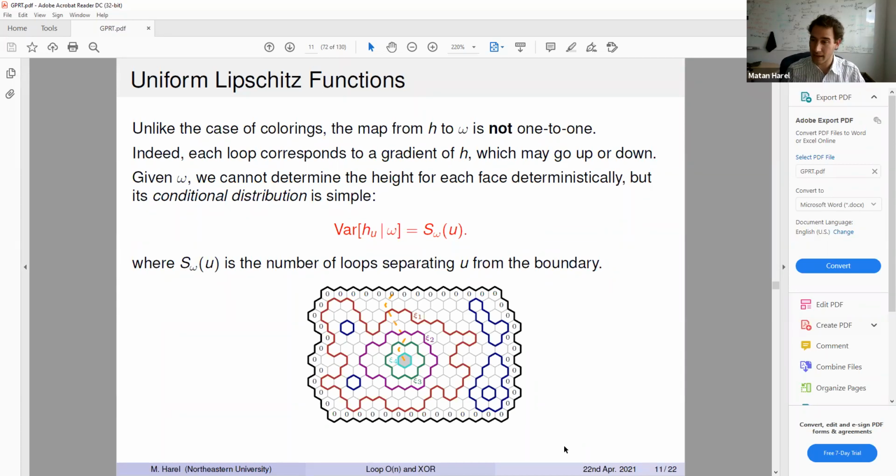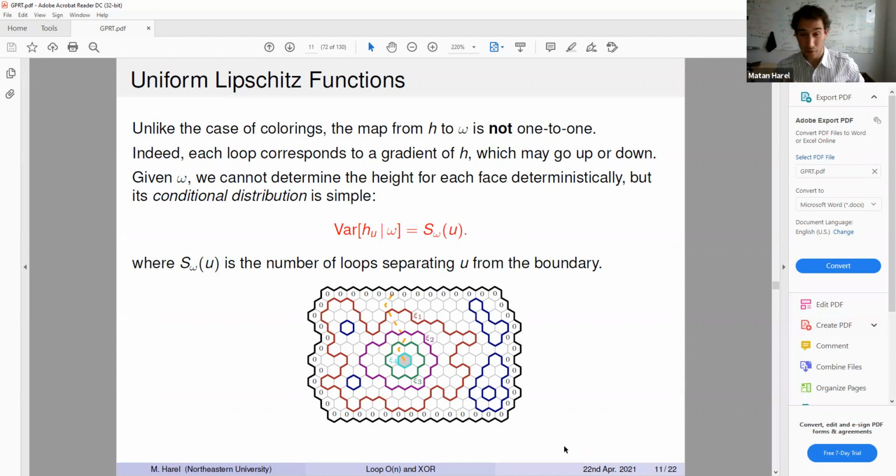So the way I like to think about it is that if I give you a height function sampled according to just any measure on uniformly Lipschitz functions, and I look at the gradient loops, the number of loops that surround the face is exactly the variance structure of that height. And that statement had nothing to do with uniformity. If I sample a non-uniform function in my space FD, then its omegas are still going to give the variance structure of that height.